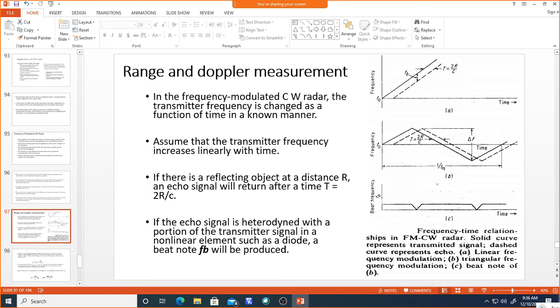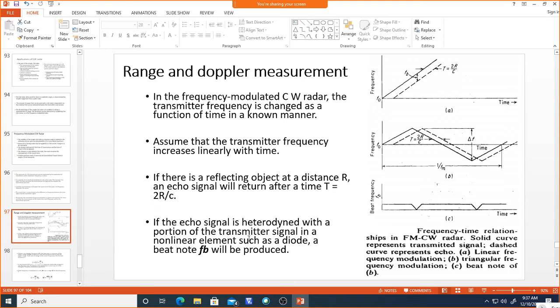Based on that reference frequency, after demodulation using the non-linear element diode, which we generally use for demodulation, the beat frequency, that is the detected frequency in the echo signal, will be within the range of audio frequency. That's why we can generally hear it using earphones, or display it using the plane position indicator.